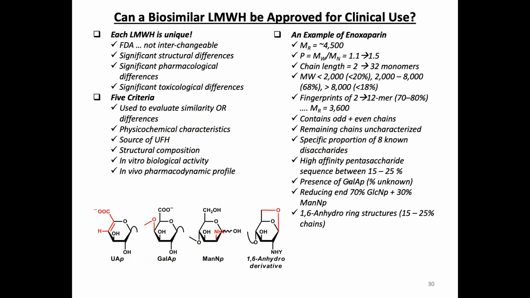Now, I know this is getting too complicated for you all, but basically there are 5 criteria that are used to establish biosimilarity. You have to evaluate similarity in differences, physicochemical properties. Sorry, this is not one of them. This is the first one. Physicochemical characteristics. What is the source of unfractionated heparin?